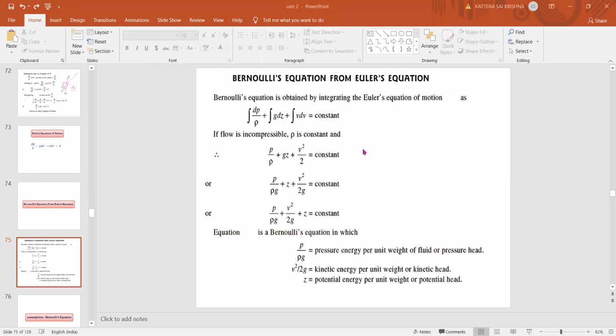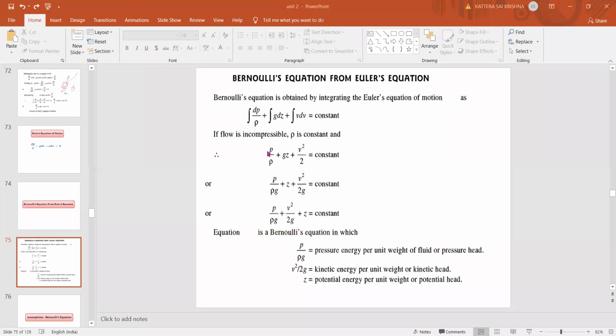Very important point. If you integrate the Euler's equation, you will get your Bernoulli's equation. So integration of dp by rho plus integration of g dz plus integration of v dv is equal to 0. Integration of 0 is constant. Here 1 by rho is constant, so keep it outside: 1 by rho into integration of dp.